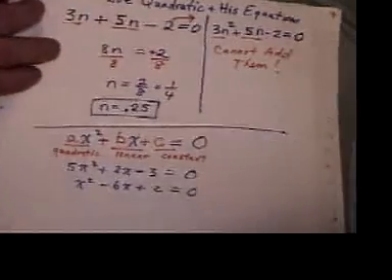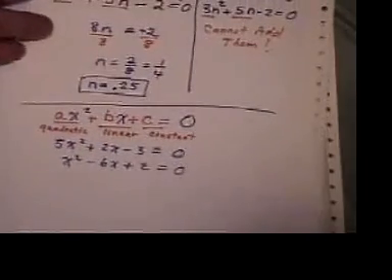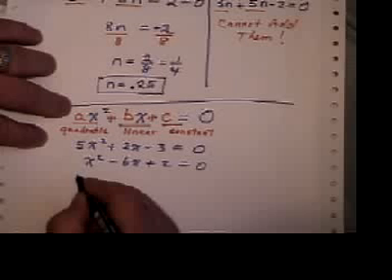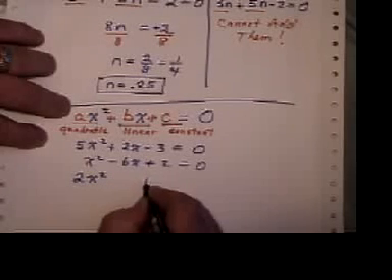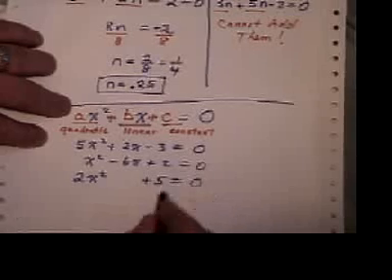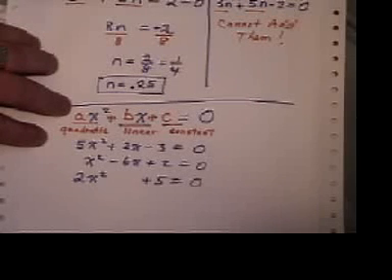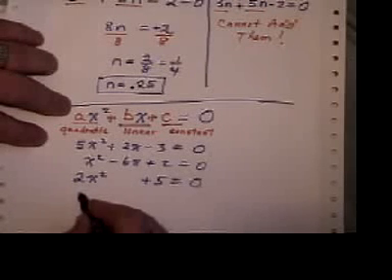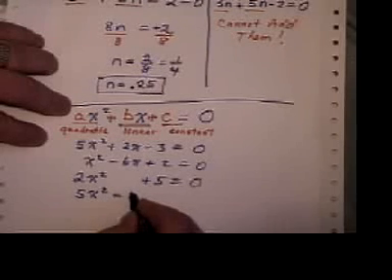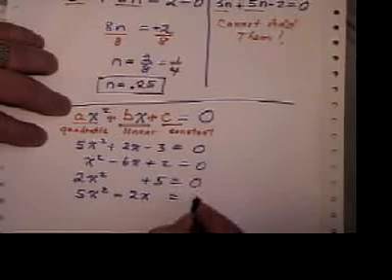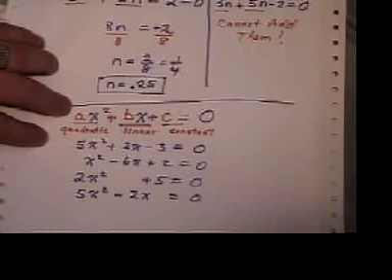Or, moving this up here, you could have 2x squared plus 5 and have no linear term. Or you might have 5x squared minus 2x equals 0, and you would have no constant term.